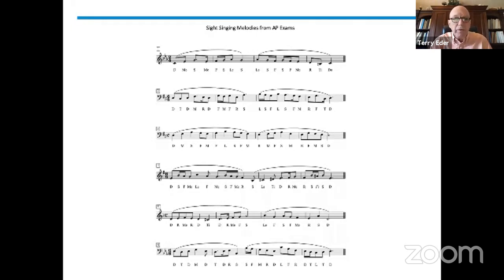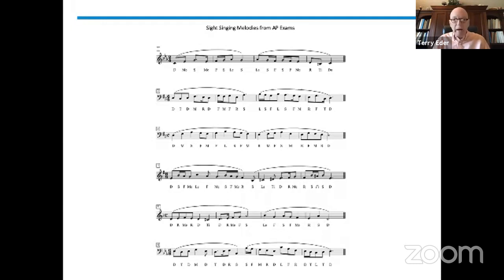Now, for instance, on this first one, if you look at it, it starts on this pitch and it goes: Do, me, so, me, fa, sol, le, so, le, so, fa, me, re, ti, do. Okay, so if I were going to practice, I could do it just like that.